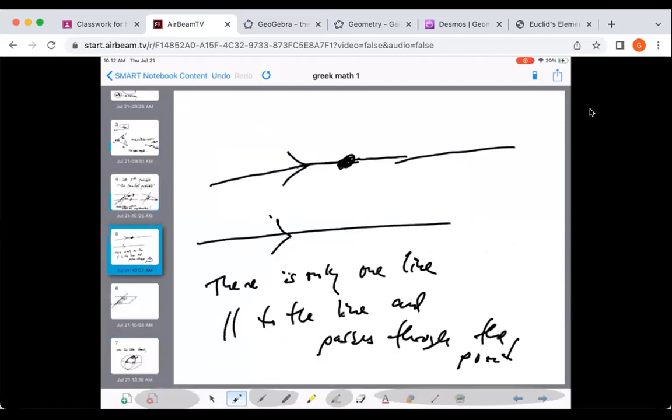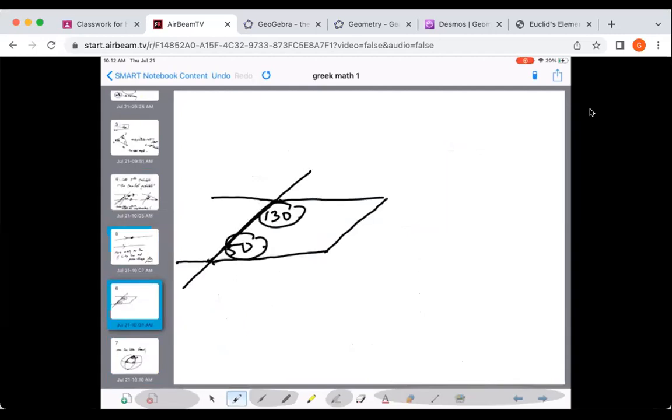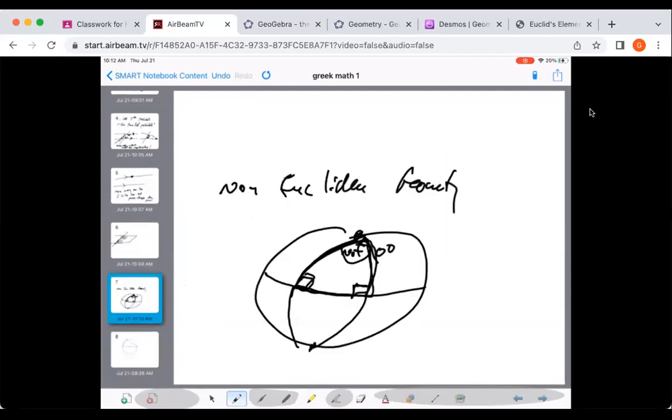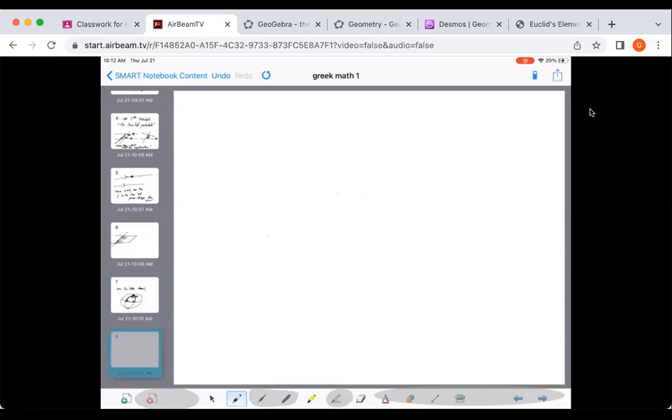Now you might wonder, how do we go about proving that there's 180 degrees in a triangle? So Pythagoras has the proof that we generally use in school.